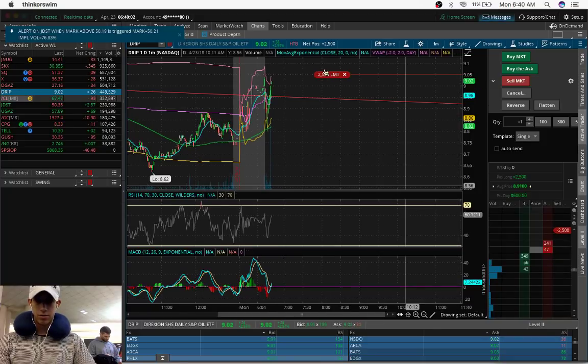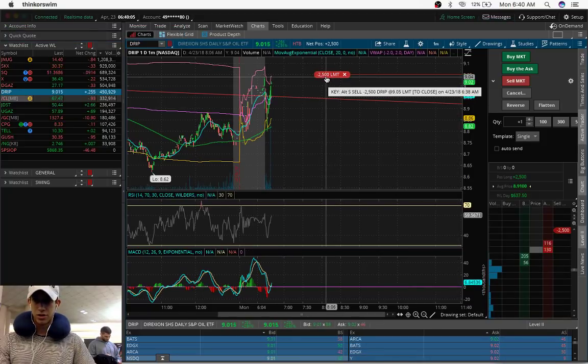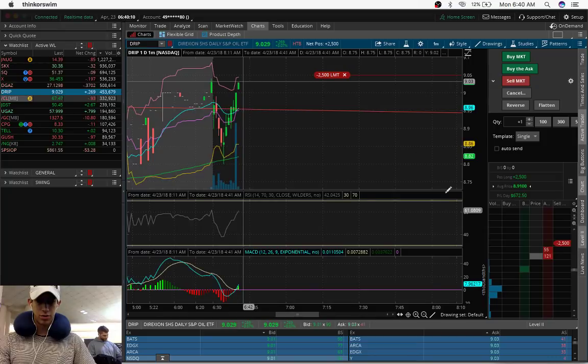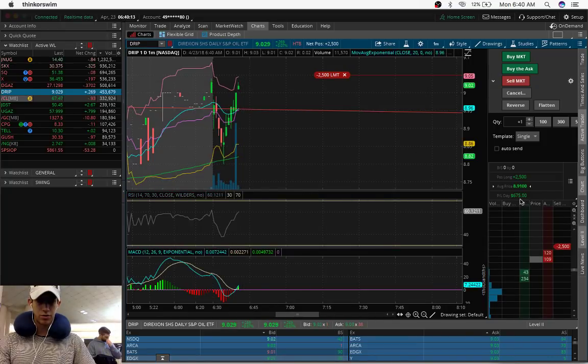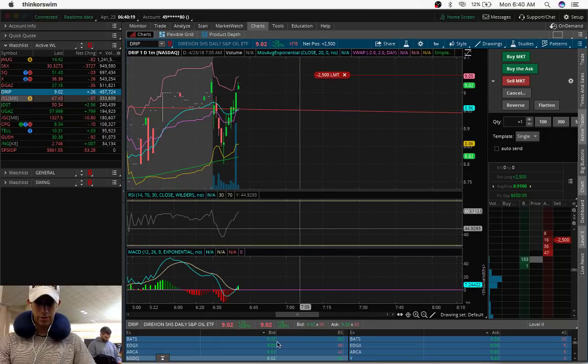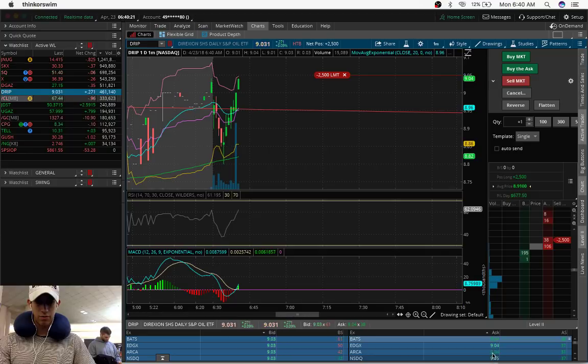There we go. So JDST just broke above, what was that? Okay. So the reason that I'm selling close to this specific price point, as you can see, I'm probably going to get filled right now, up over $675 on the day so far. There we go. We got buyers at 9.02, sellers at 9.04.